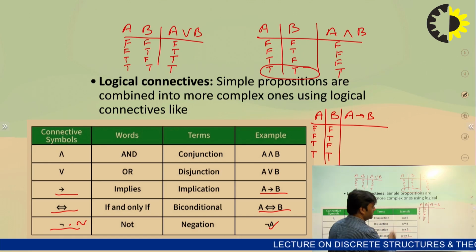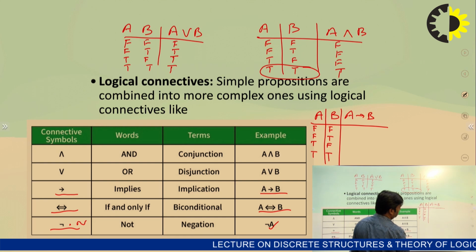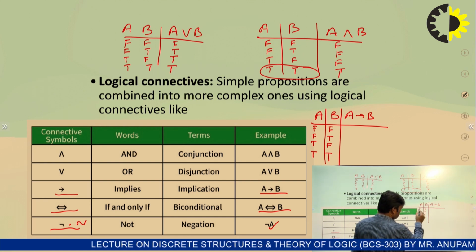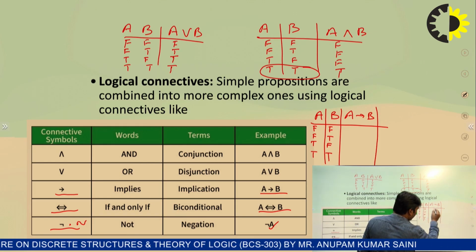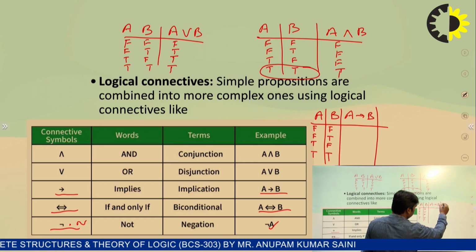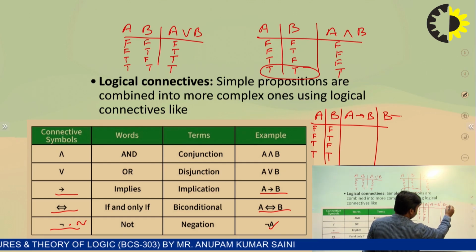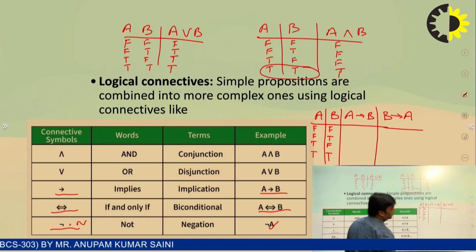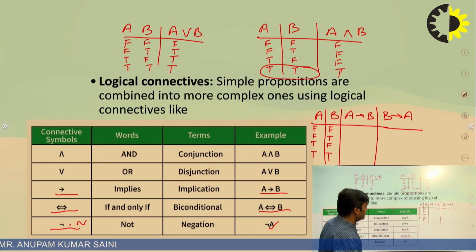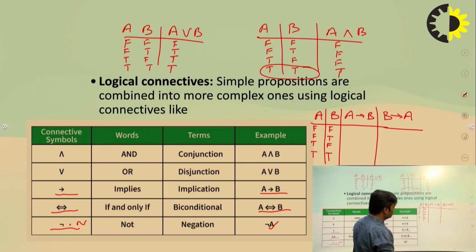We see here in the table, if we construct a truth table for A implies B and B implies A also, we take both here. So we check the first element.